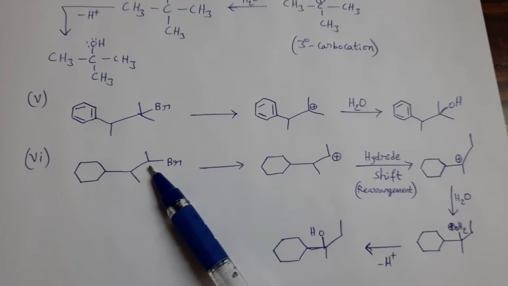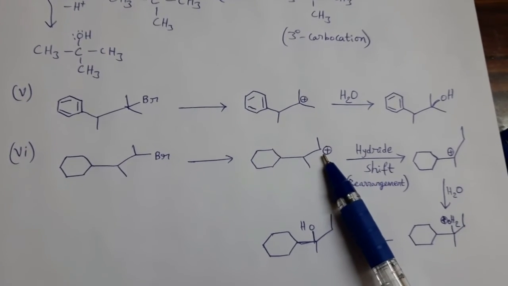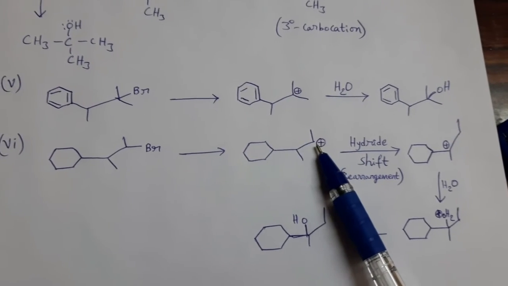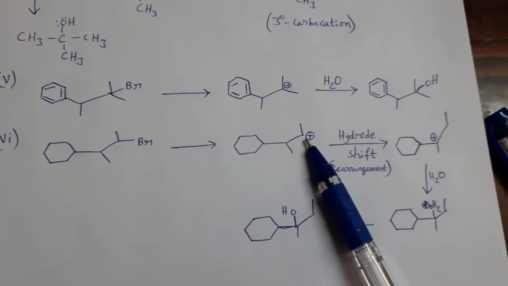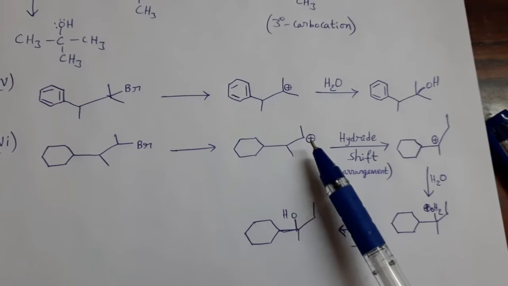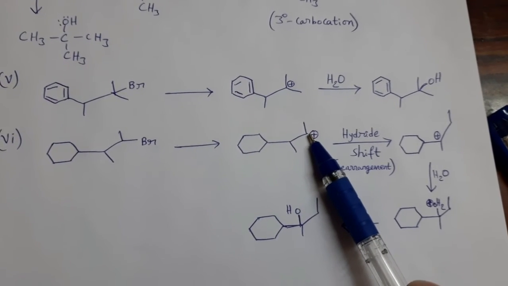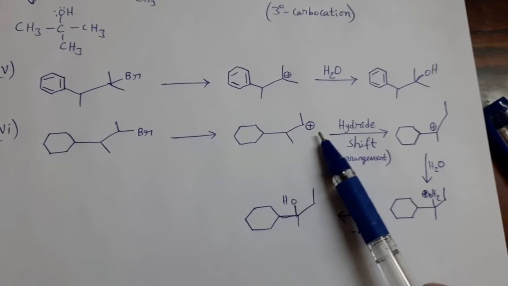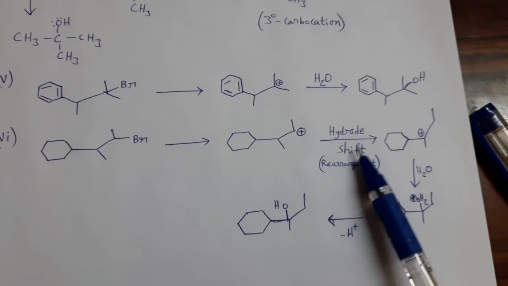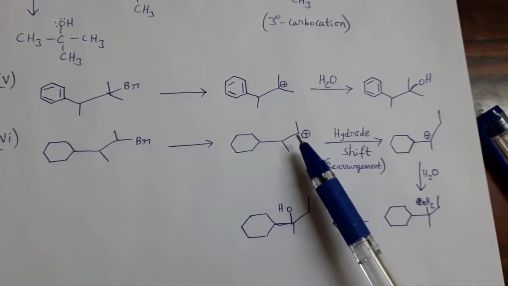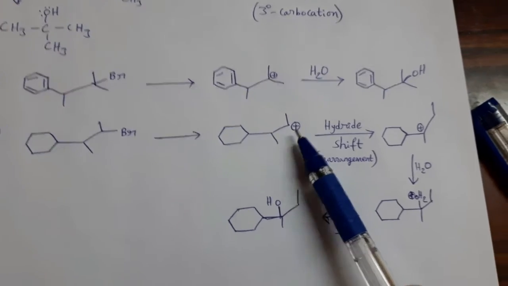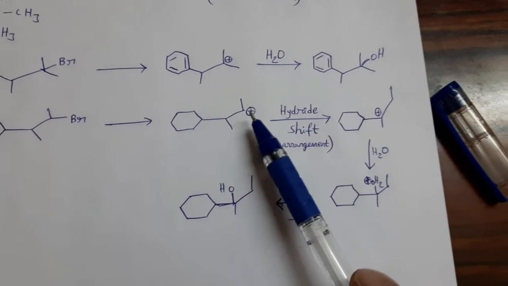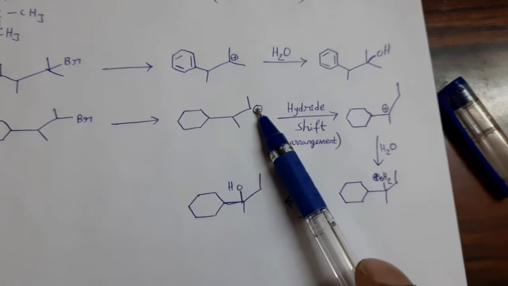Here also the bromine atom is removed. Then we can get a carbocation. This carbocation is a secondary carbocation because this positively charged carbon is attached to this carbon and this one. In this, hydride shift takes place. H minus ion is shifted from this carbon to this carbon. Then we can get this one. Positive charge shifted here, H minus shifted here.